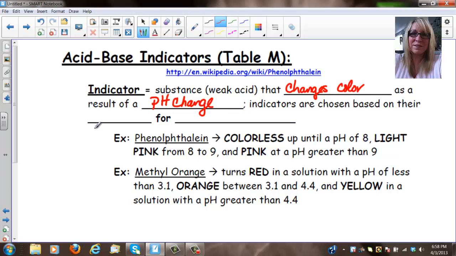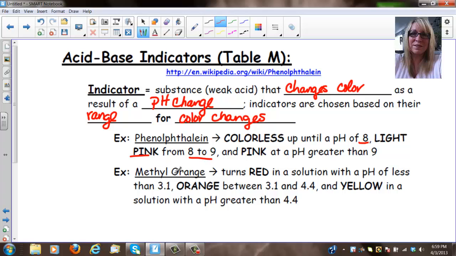Indicators are chosen based on their range for color change. And some indicators work better than others depending on how strong or basic a solution is. So we've already learned that phenolphthalein goes from colorless up until a pH of 8, and then it turns light pink from 8 to 9, and then really bright pink at a pH greater than 9, and we're talking magenta pink.